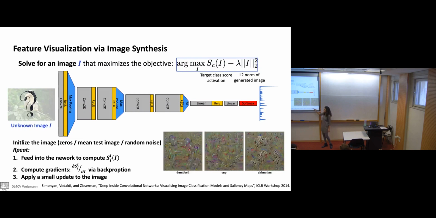So here you can see the results of this optimization framework for different classes. I hope you can see that, for example, for Dalmatian, you can see some patterns of spots. You can see ears. You can see the dumbbell shape here, right? So even from this very naive prior, we can see that.